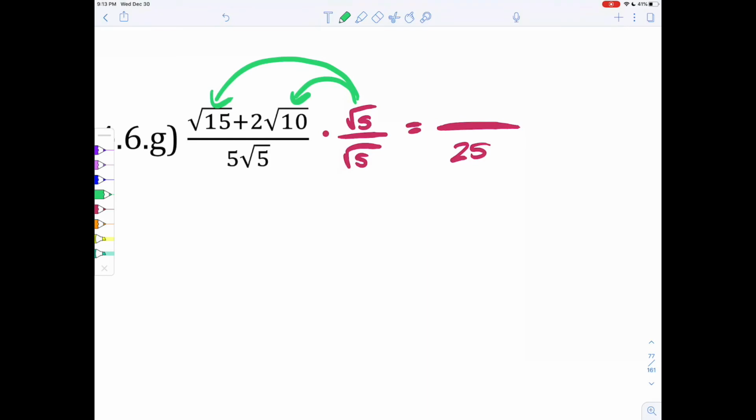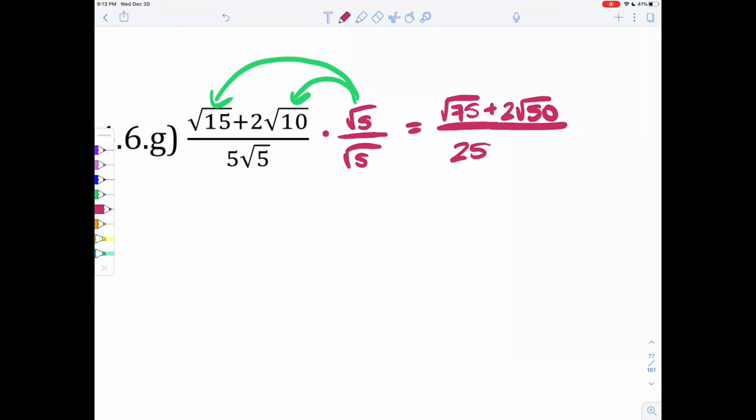to both of them. So my first term, root 15 times root 5, that will give me root 75? And then my 2 root 10 times root 5 will give me 2 root 50. My line was a little bit too short.